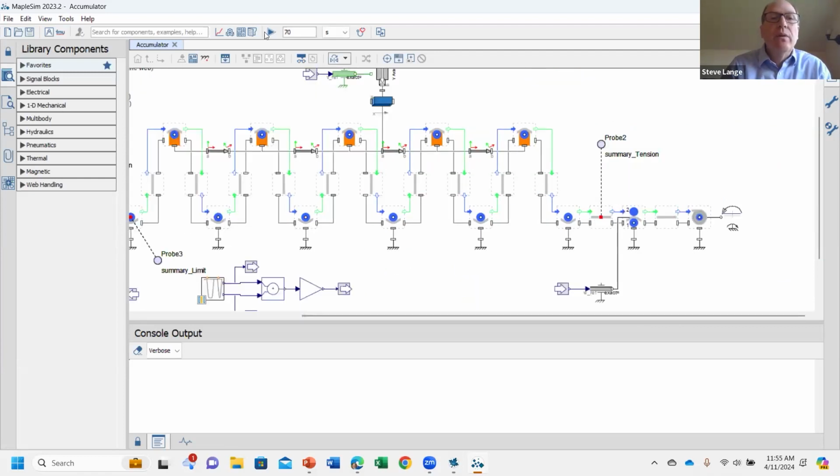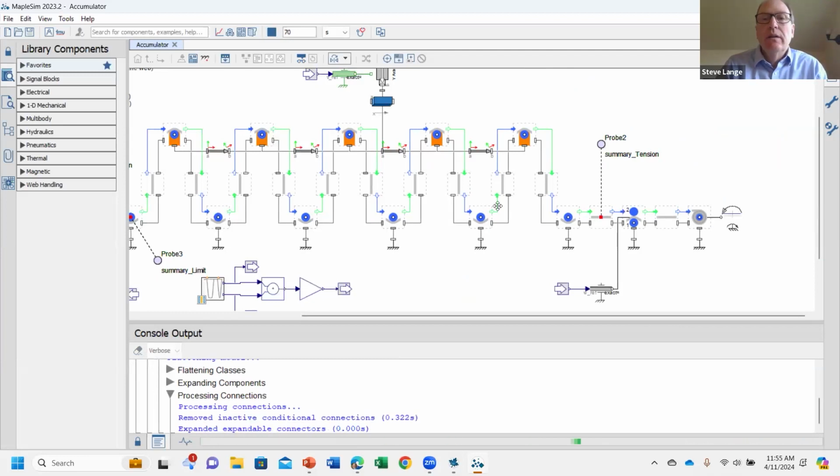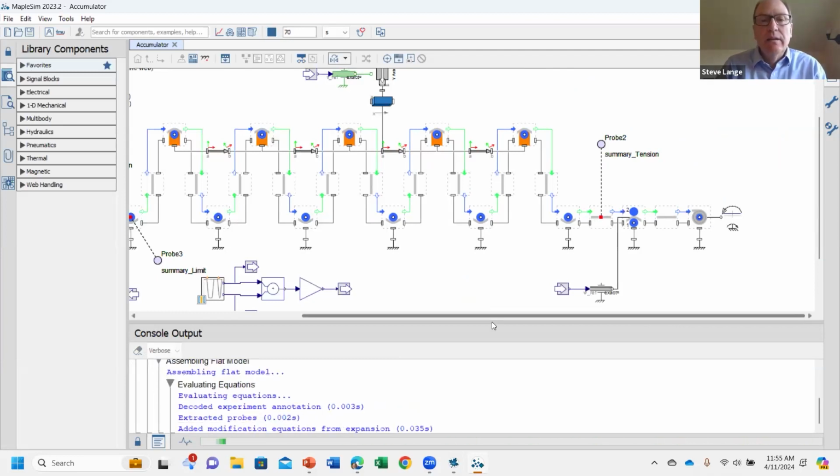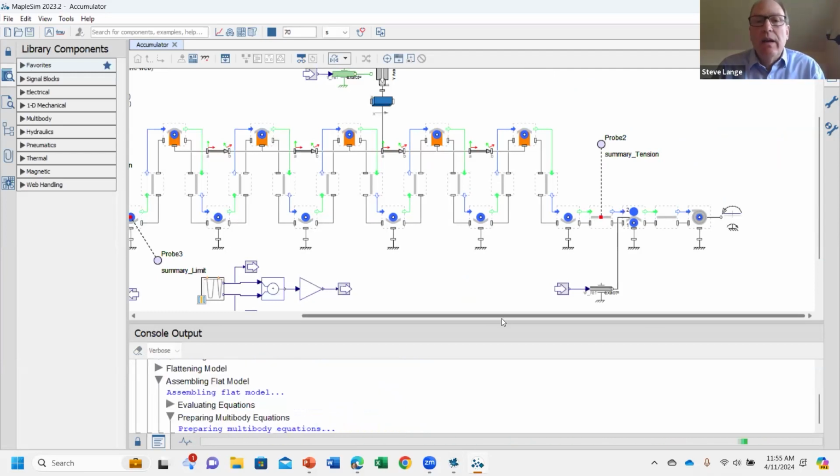We run the simulation for that, and you'll see that this very complicated structure can move up and down as an accumulator would in a splicer. So yes, very complicated web paths with lots of dynamics can be built in.